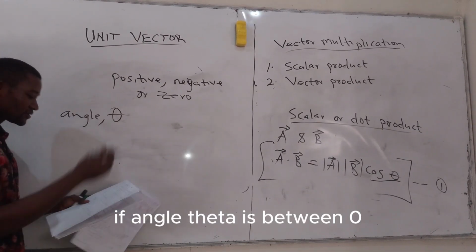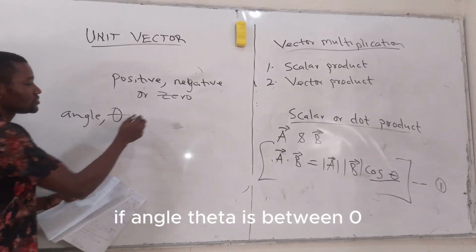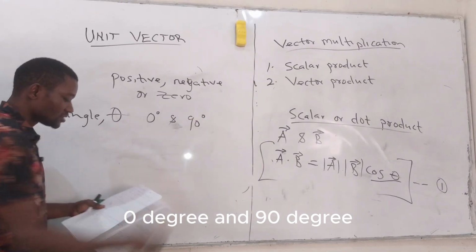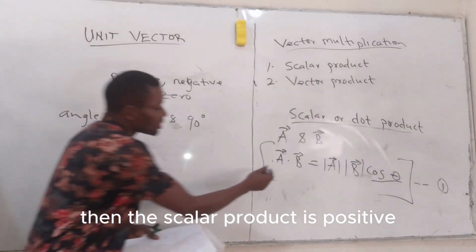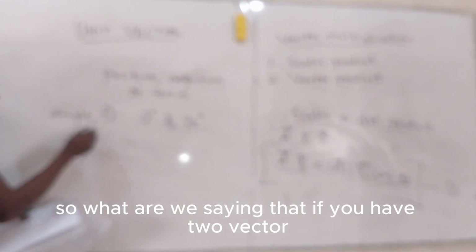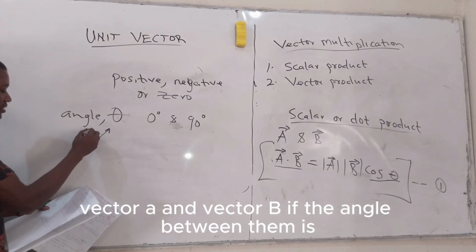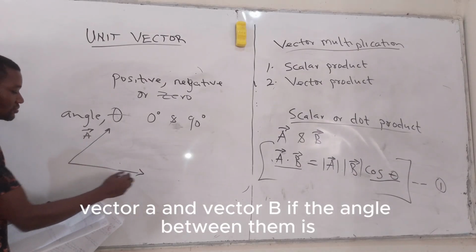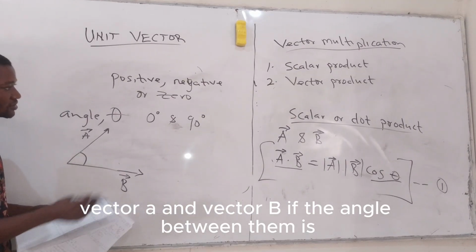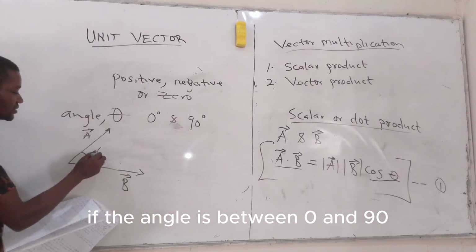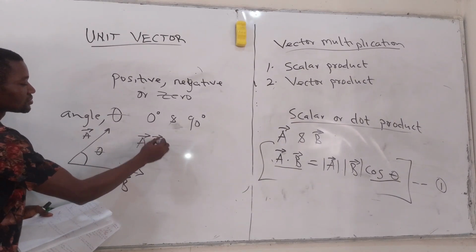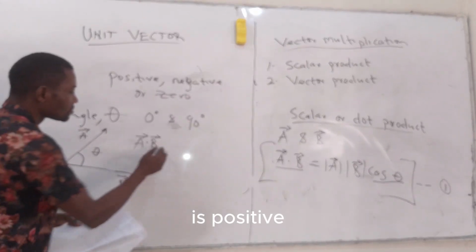So if the angle theta is between 0 degree and 90 degree, then the scalar product is positive. So what are we saying? That if you have two vectors A and B, if the angle between them is between 0 and 90, then the scalar product A dot B is positive.